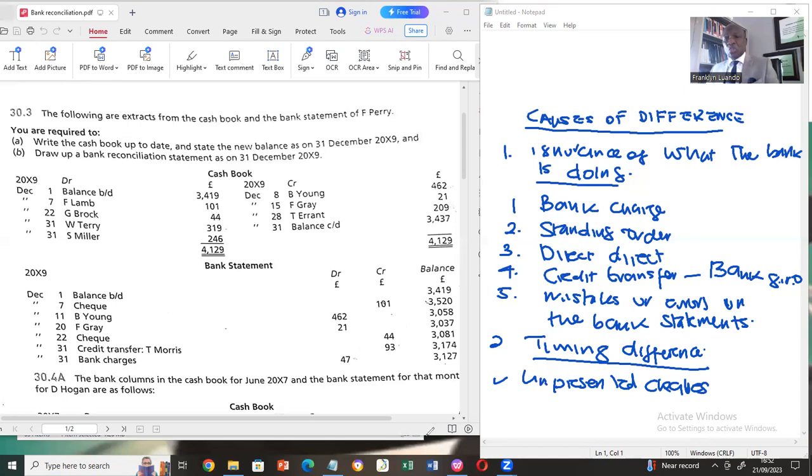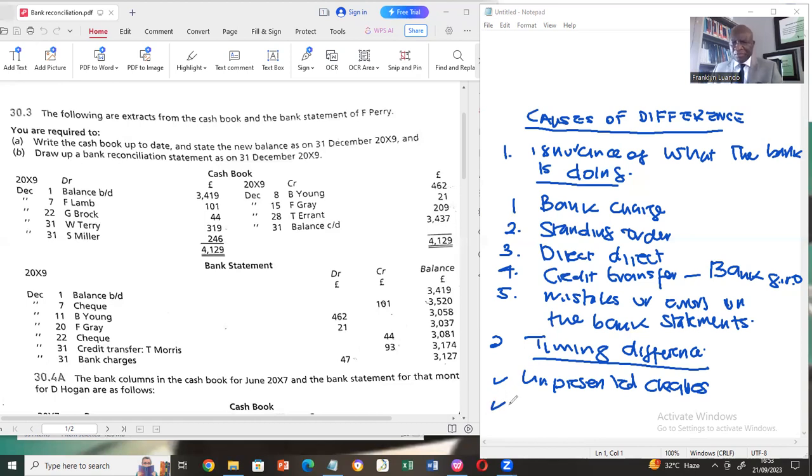Unpresented checks are also referred to as outstanding checks. These are checks that the entity has paid and they have been entered in the cash book, but the people have not yet presented the checks to their banks, and therefore they are not on the bank statement, but they will show in the cash book. That will also cause the difference.